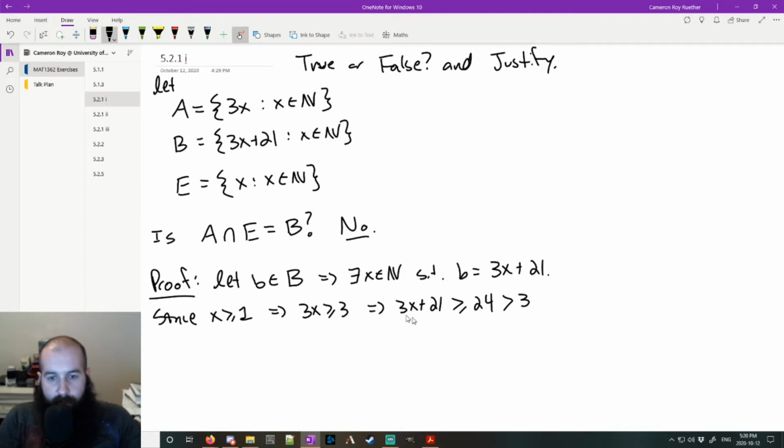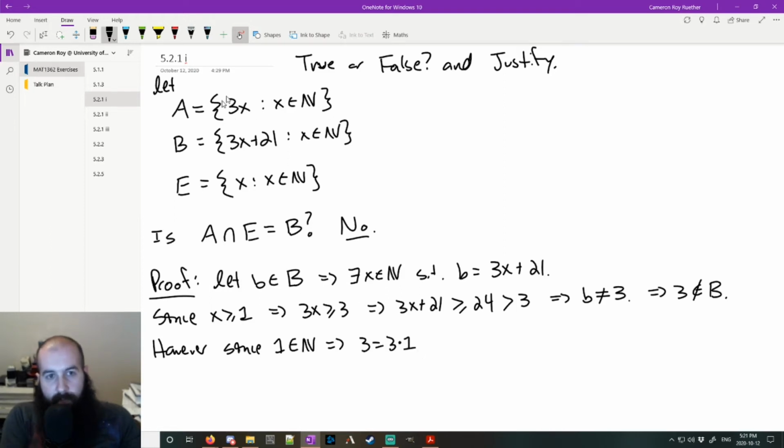This means, since b is of this form, it must be strictly larger than 3, so b is not equal to 3. Since b was a generic element, this means that 3 is not an element of the set B. However, since 1 is a natural number, this means that 3, which is 3 times 1, is in A.